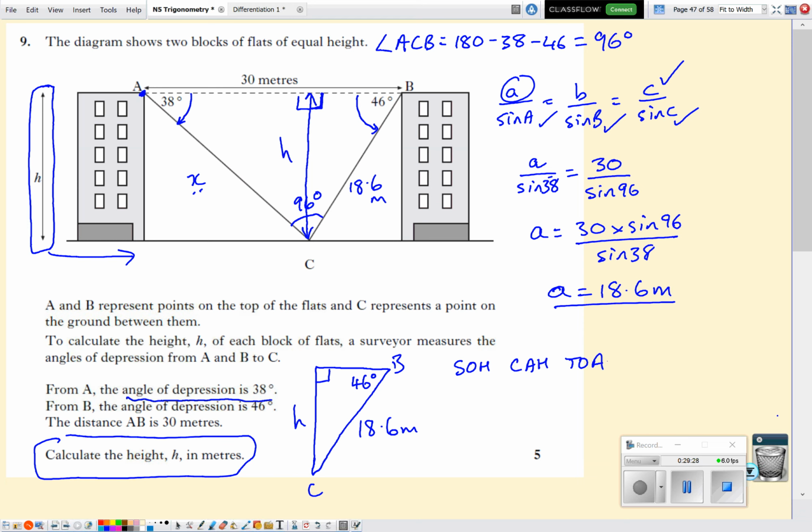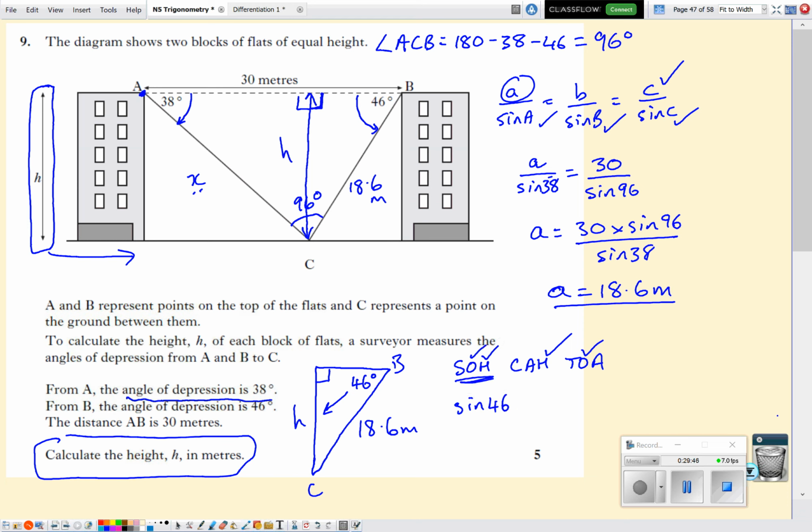Okay, so what we've got here is we know the hypotenuse, right? We want to calculate the opposite side, remember the opposite 46 degrees. So tick the O's, and we have to use the sine formula.